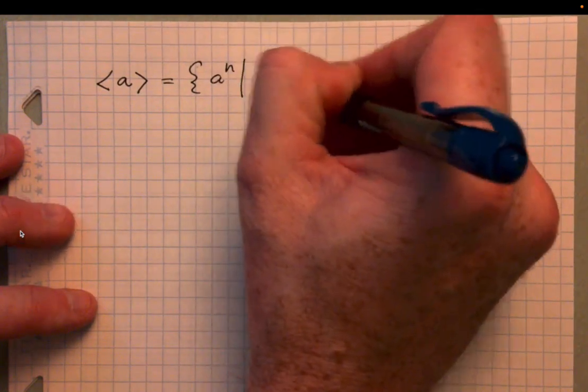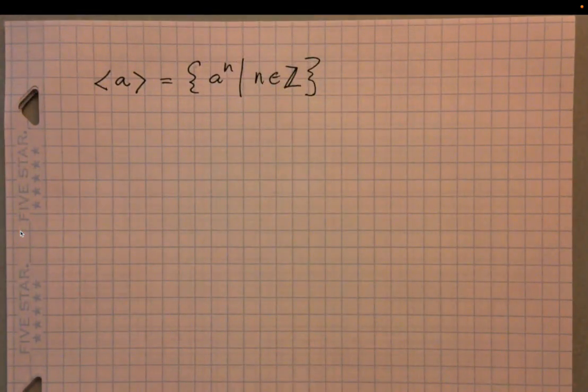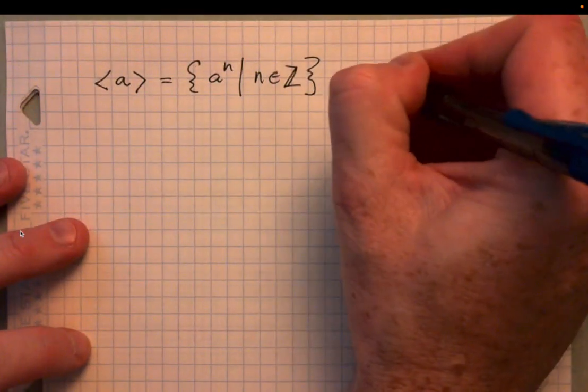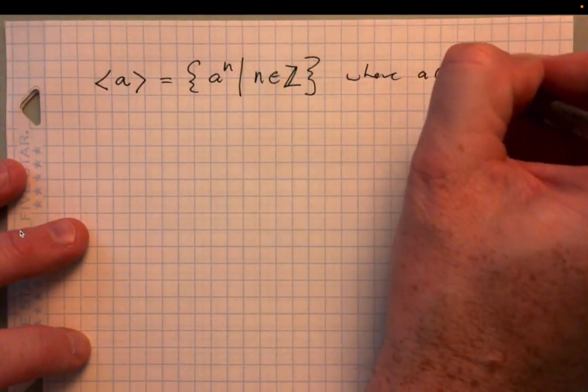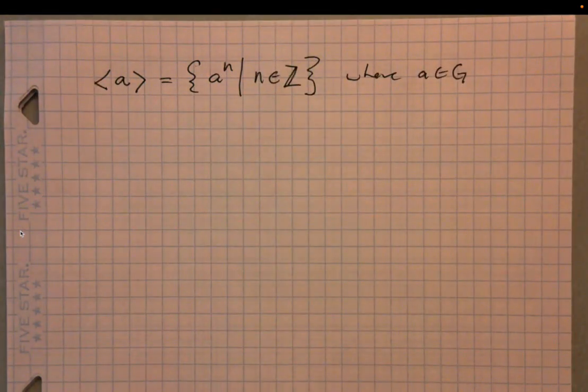Right, so it's very similar to the sequence that we just looked at in the previous proof. So A is some group, then A raised to the nth power, where n is an integer, is the subgroup of interest. And we'll prove that this is a subgroup in a moment, right?